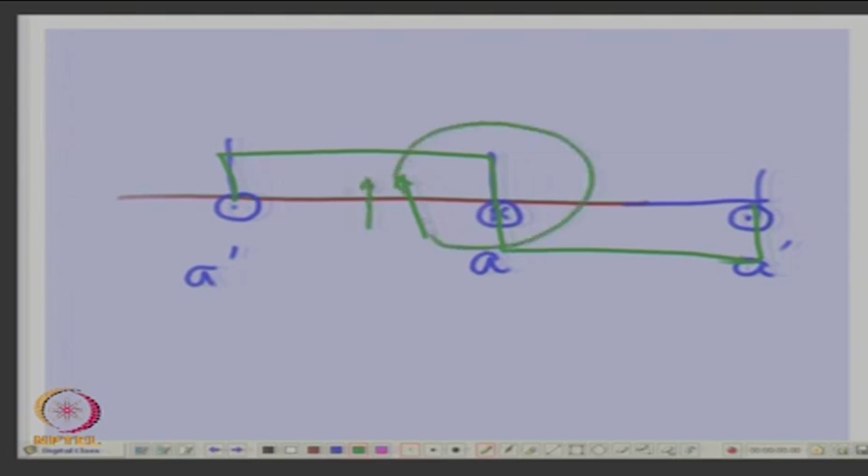If you pass a current, the flux will go round. So, if you place one coil inside a slot, in effect it will not be a sinusoid, it will be a rectangular one.